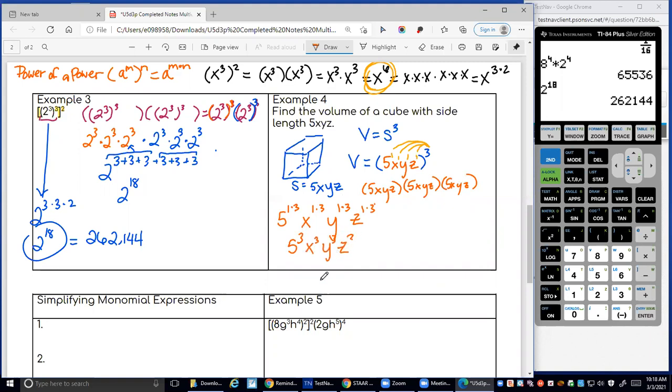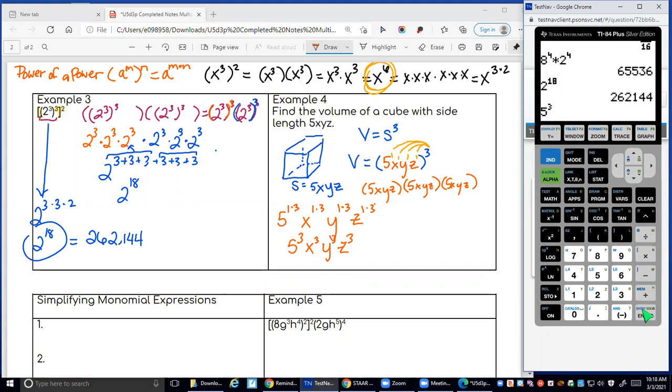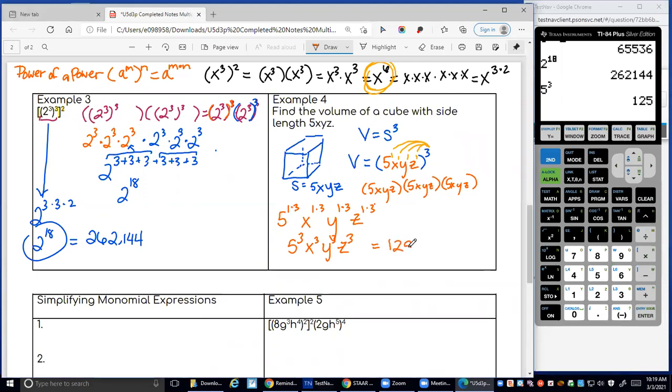Then you're going to put that in your calculator, 5 to the third power. Whoops, that's not to the third power. That is to the third power. You get 125. So 125 x to the third, y to the third, and z to the third.